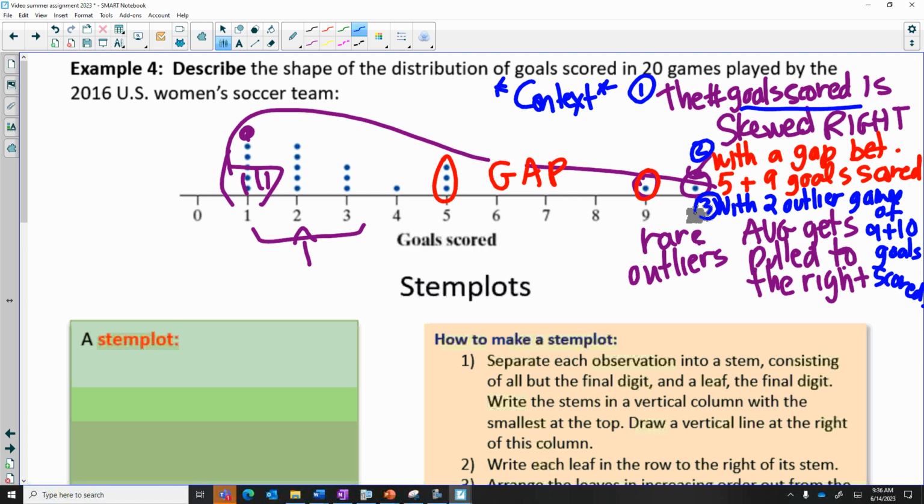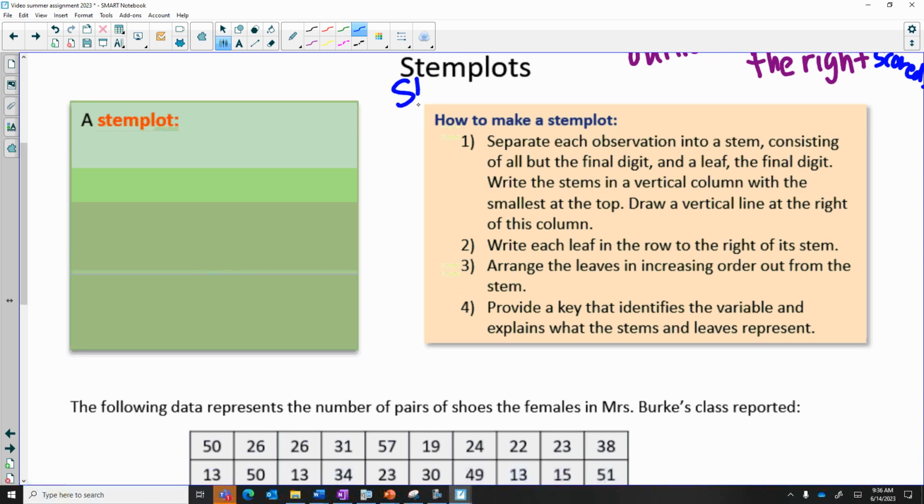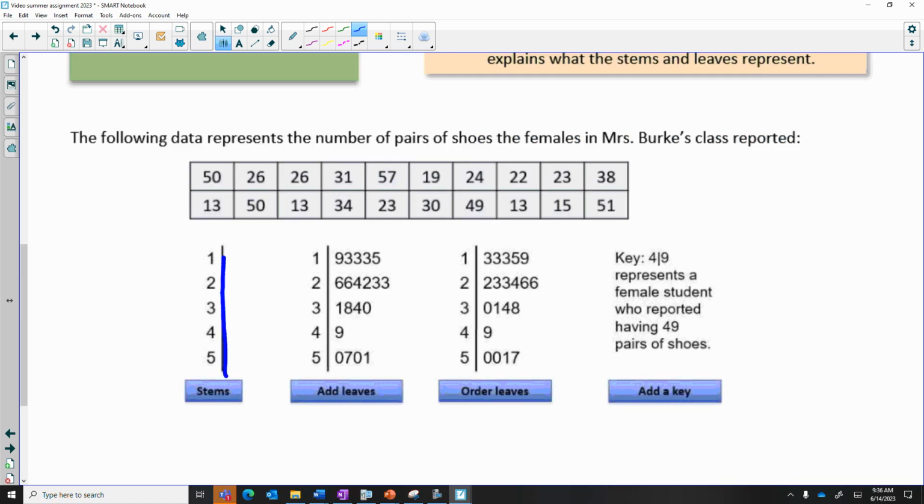Now let's move on to stem plots. Back in the day, stem plots were also called stem and leaf plots, and you may have seen them in the past. How do we make a stem and leaf plot? Well, what we do is I like to put all the observations in order from lowest to highest, and then we draw a vertical line, and we separate the stems and the leaves.